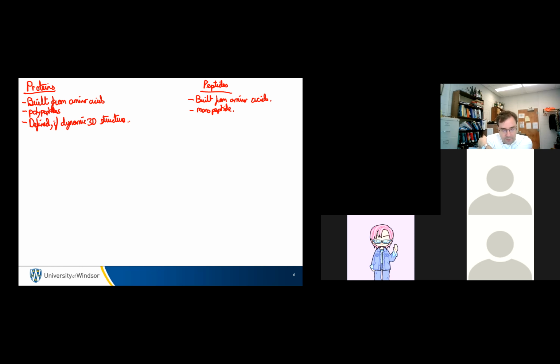Building on that, is that 3D structure important for something? Very important. It's usually determining for the protein's activity and function. Perfect.